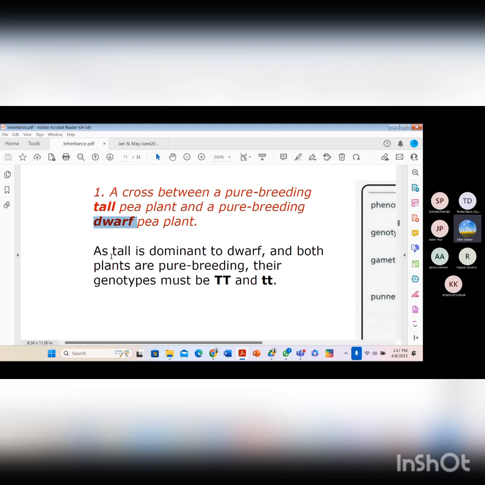So as tall is dominant to dwarf, and both plants are pure breeding, their genotypes must be capital T, capital T. So anytime you see the words pure breeding, it means homozygous. So it can mean homozygous dominant, where you have both of them in the capital form, which will illustrate the tall plant, or it could be two small t, in this case, to represent the dwarf plant.